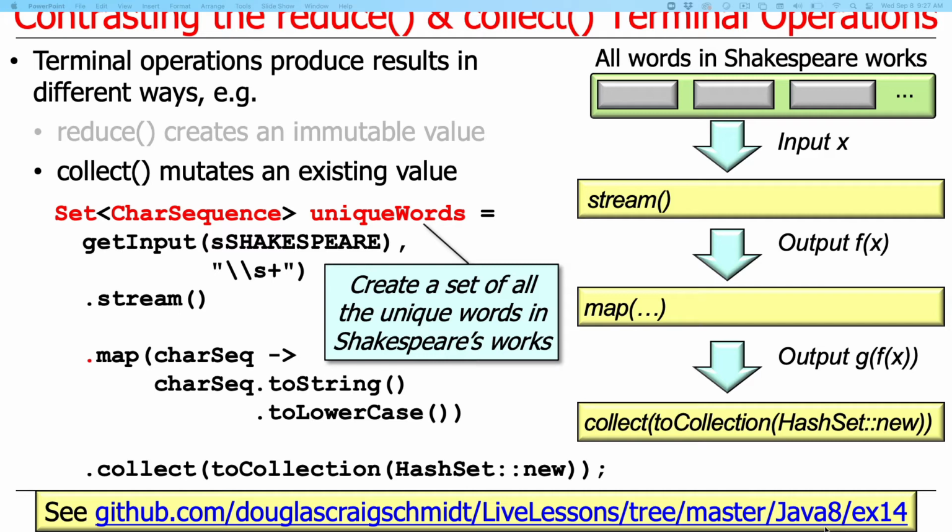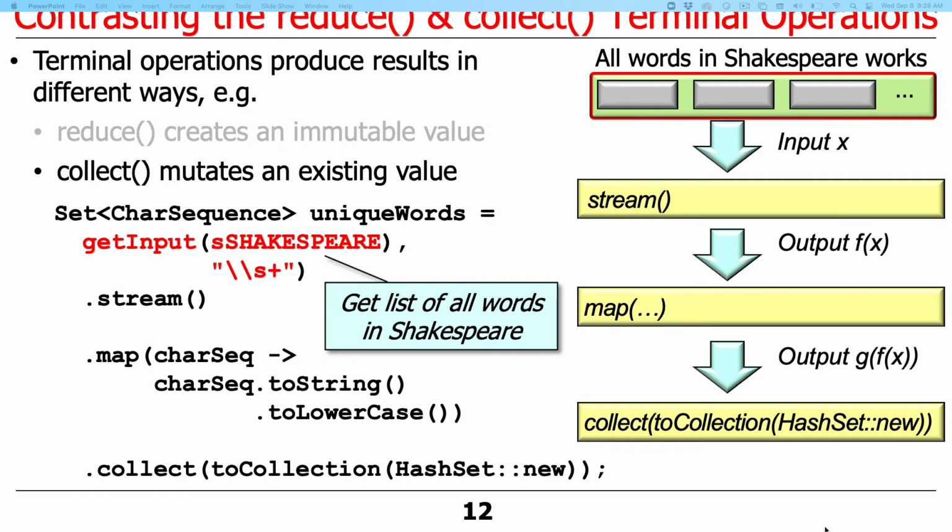This is going to read the complete works of Shakespeare, which I have in text form in a bunch of text files, one file per work, so one file per play. We're going to open up every single Shakespeare work and create essentially a list of all words in Shakespeare.